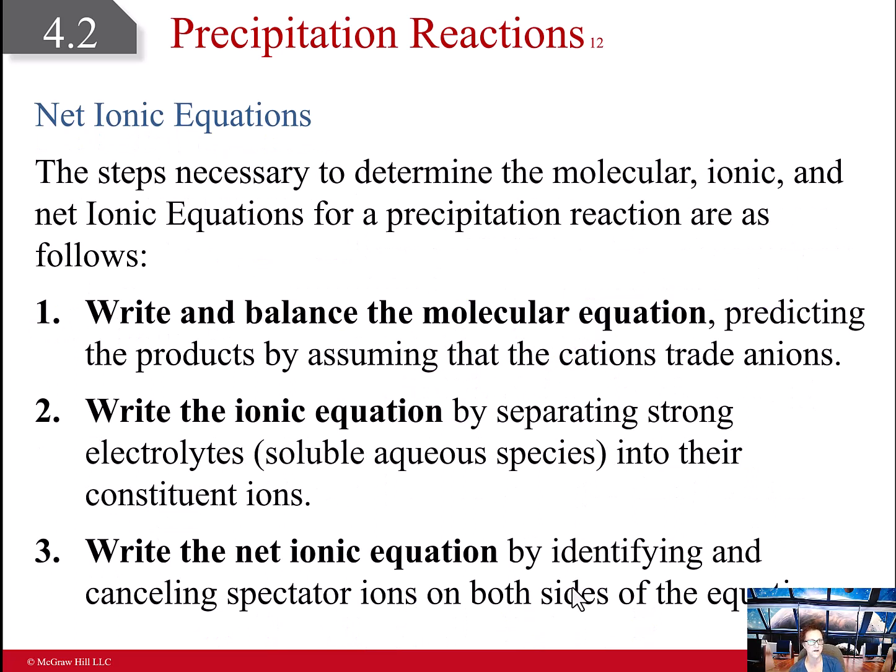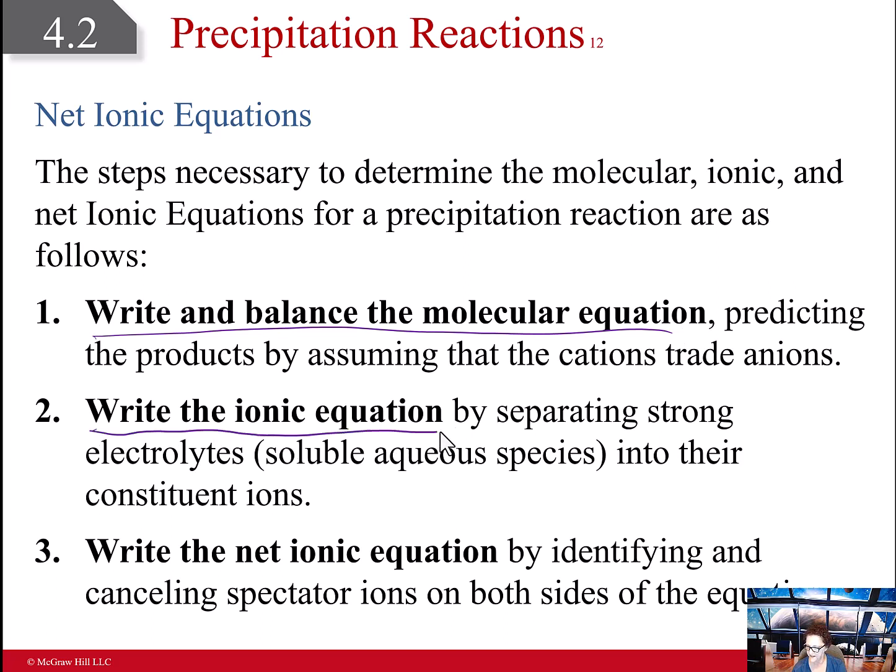So the steps to determining molecular, ionic, and net ionic equations for these precipitation reactions: you write and balance the molecular equation. You've got to predict those products and make sure you get the formula written correctly.